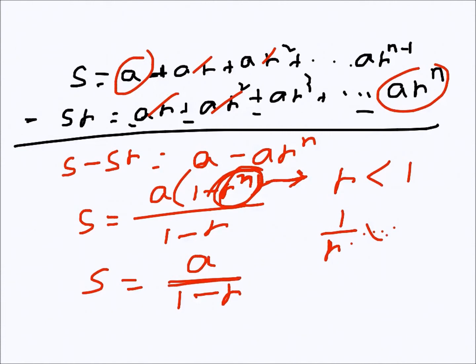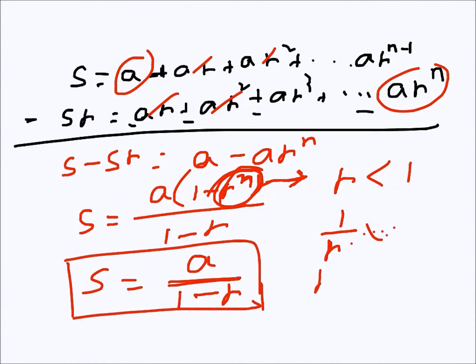And the sum for infinity when r is less than 1 is this one. This is a very important relation which we will see in examples, and this one is for the general case when it's not infinity: a(1 minus r to the power n) over 1 minus r, and this is how we calculate it.